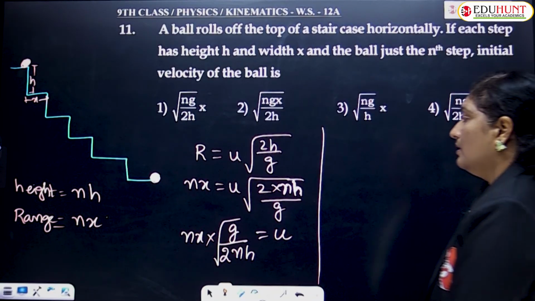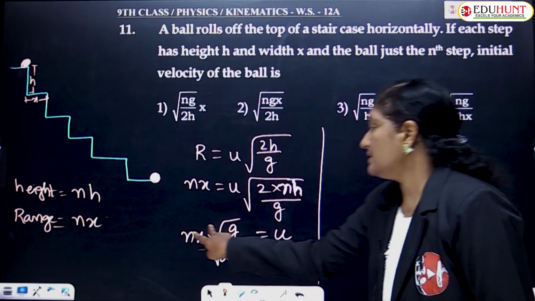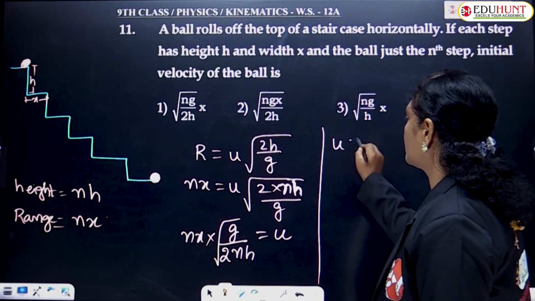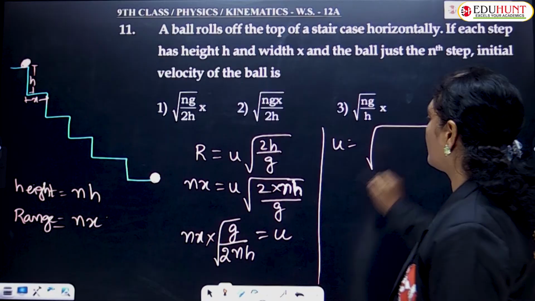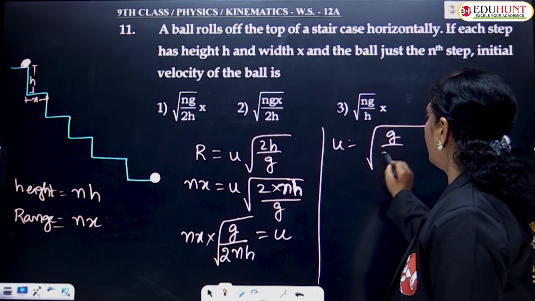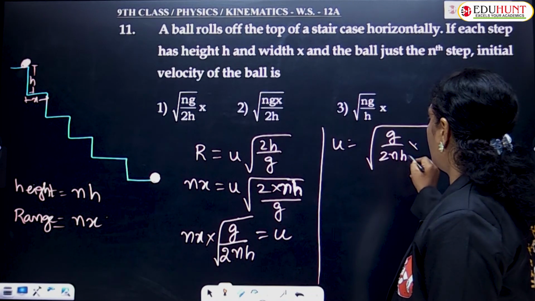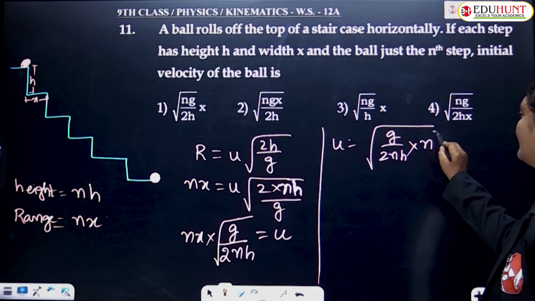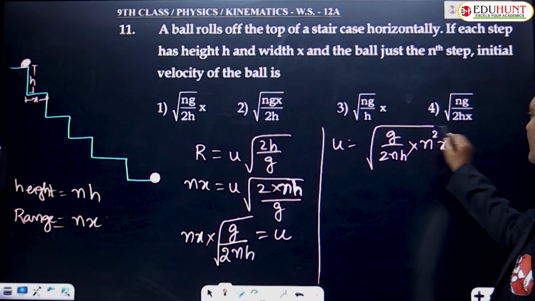Bringing this nx inside, we have u equals overall root of g by 2nh into n square x square.